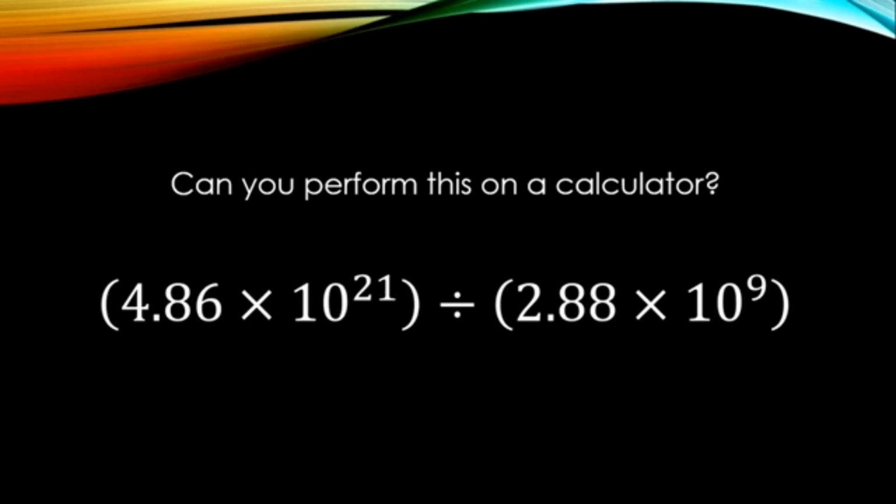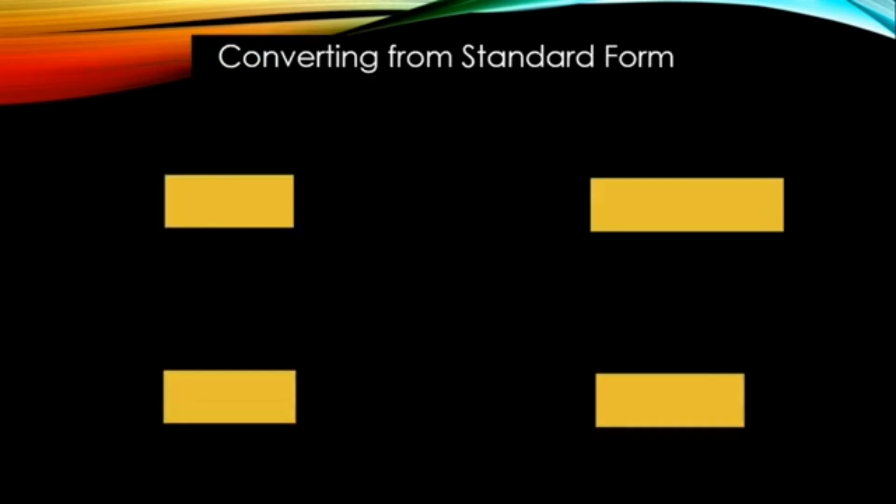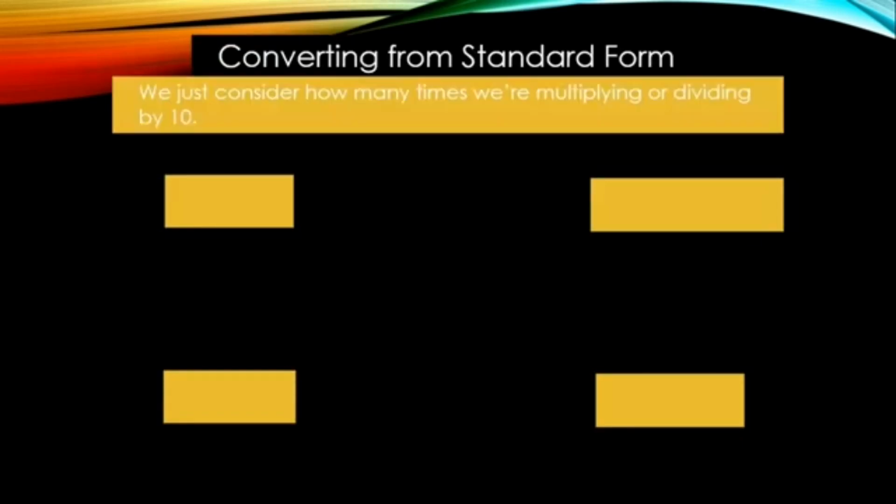Let's try some problems. So first we're going to try converting from standard form to ordinary form. It is very easy to do this. We just look at how many times we are multiplying or dividing by 10 and then move that certain number of places either to the left or to the right. Here we have a problem, 3 times 10 to the power 4.